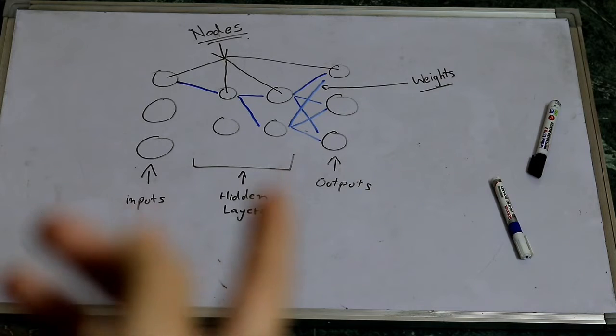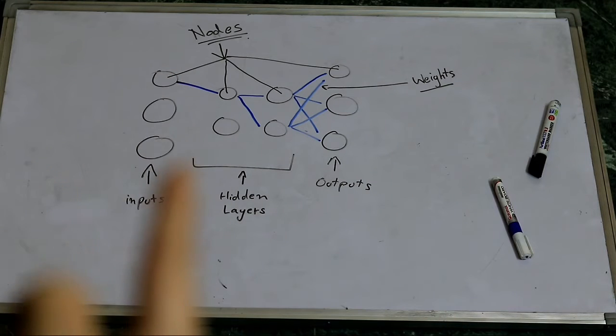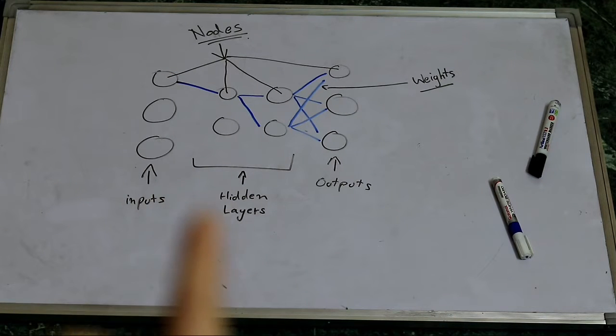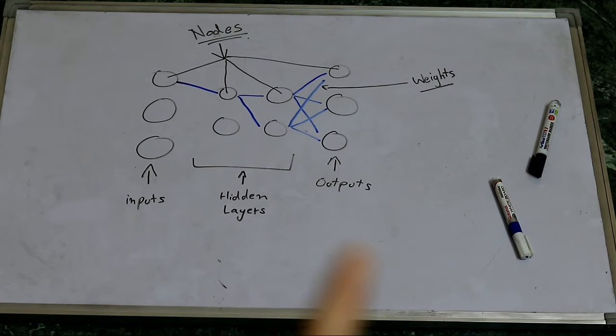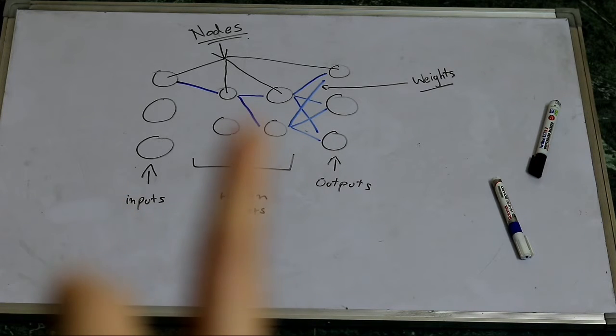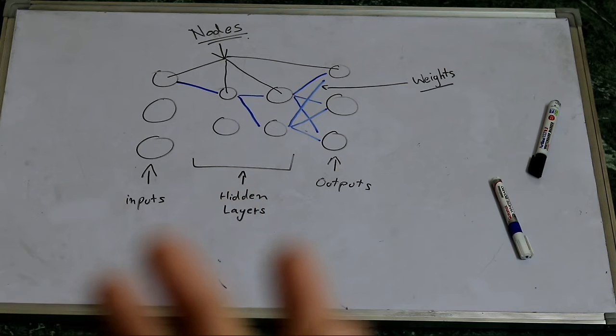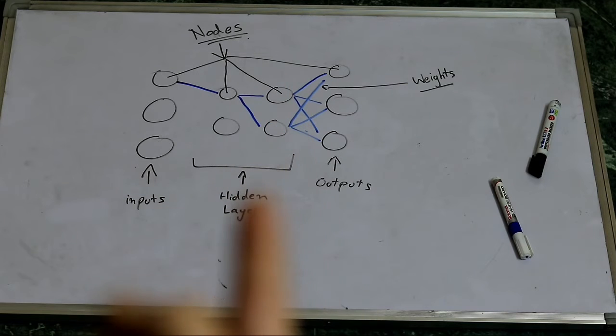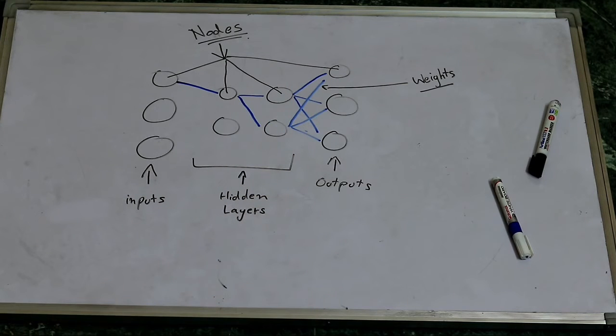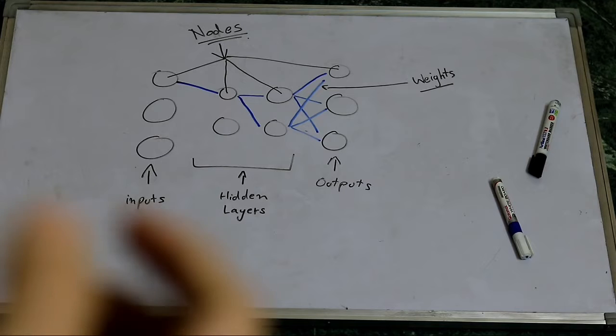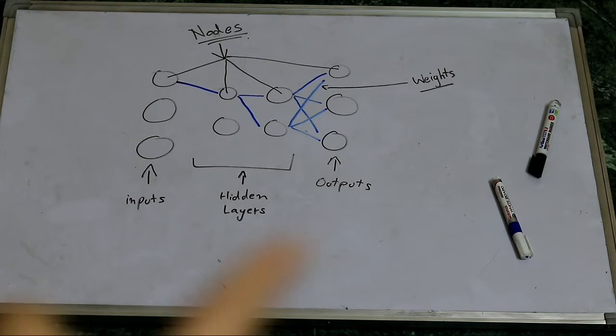Hidden layers are divided into hidden nodes. As you can guess by the name, these are the nodes present in the hidden layers. You can also see lines, the blue lines specifically, that connect two nodes together. These lines are called weights. So it's not that complex of a structure, but we'll get to that later.